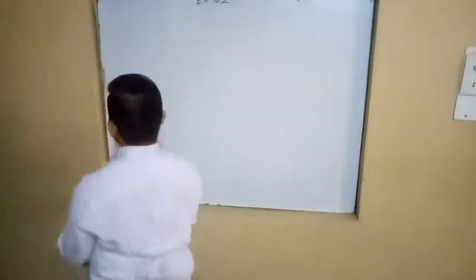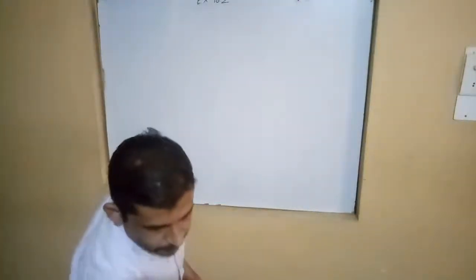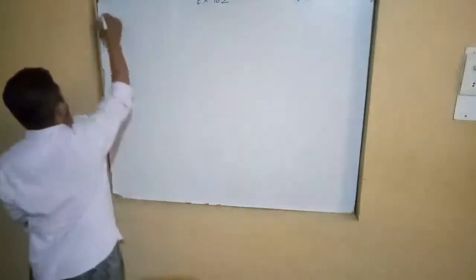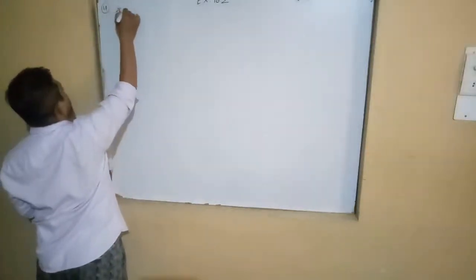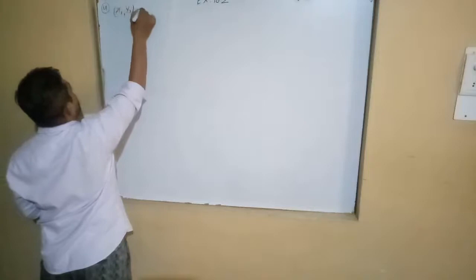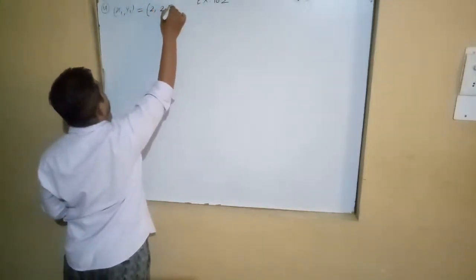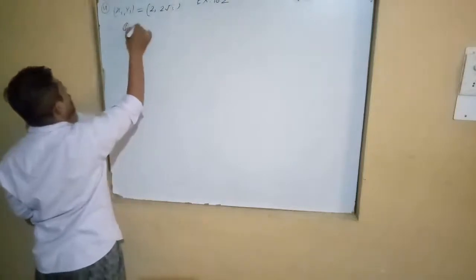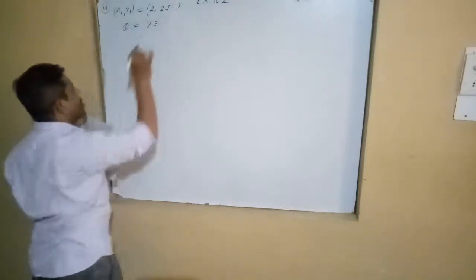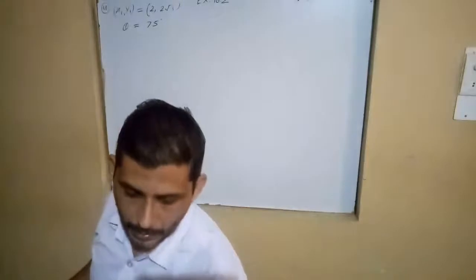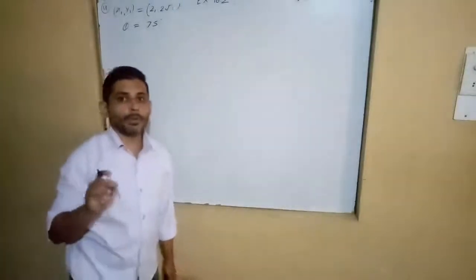So what is given here in question number 4? A point, which we call (x1, y1), is equal to (2, 2 root 3), and angle theta is equal to 75 degrees. So first we find the value of tan theta, which means the slope.